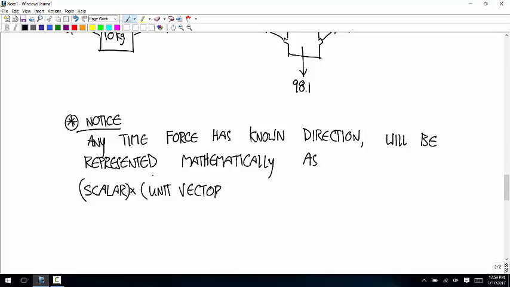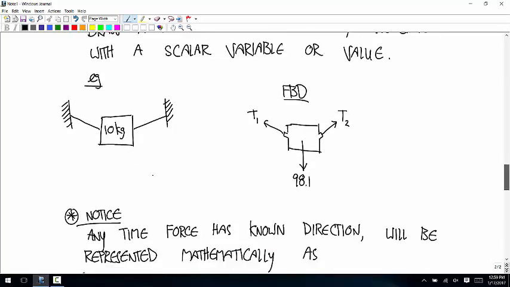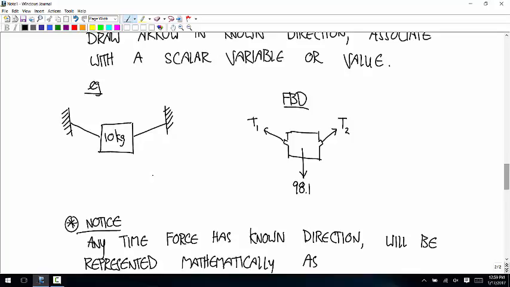And that unit vector is in the direction of the arrow. So with these cables, you have to figure out a unit vector pointing that direction. And then the total force vector is T2 times that unit vector. With this one, the unit vector is that direction. The total force is T1 times that unit vector.